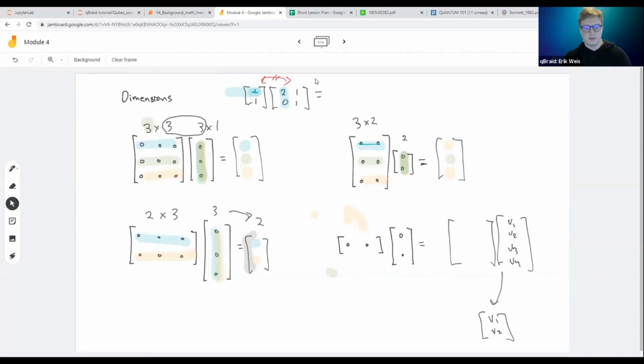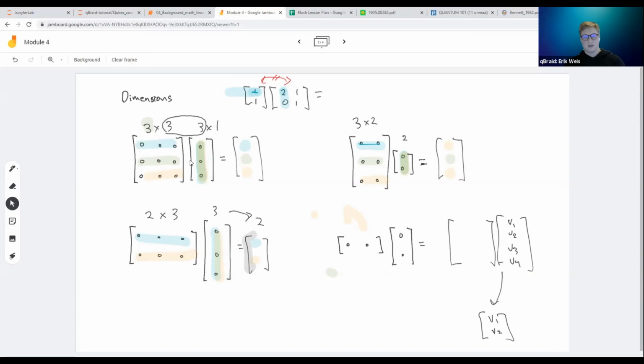So for starters, Miles has it, yes, we want the output vector to be the same dimension as the input vector. In this case, that's an additional constraint. That's not necessarily the case for all matrix multiplication, but it will be the case for quantum computing. So we're going to be looking exclusively, when it comes to gates, at square matrices.